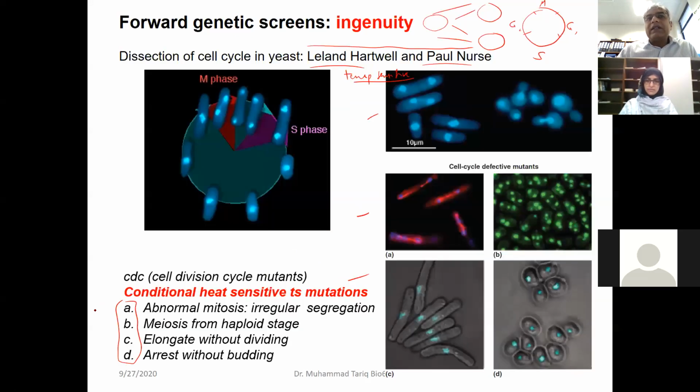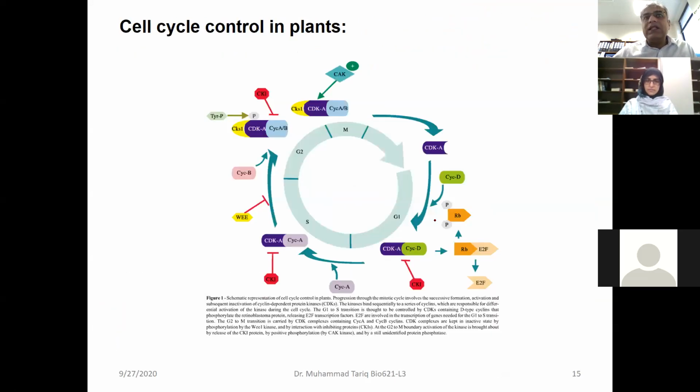Based on all their discovery, the genes involved in the cell cycle, cyclins and then the cyclin-dependent kinases, the whole cell cycle was characterized based on the genes discovered in the cell cycle screen, and we could clearly see how a cell goes from one cell to two daughter cells after cell division.